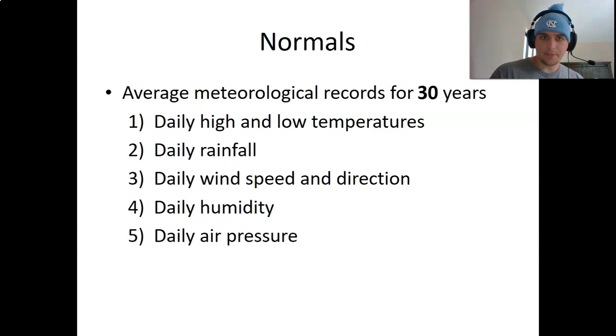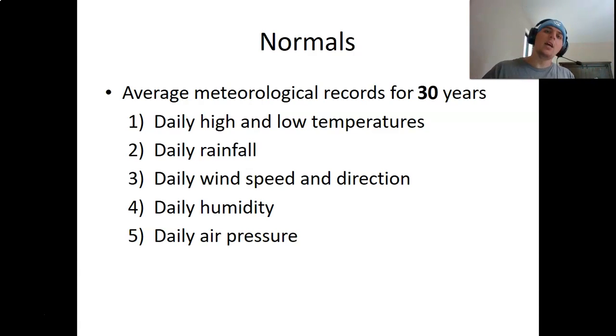So normals first. A normal is the average meteorological records for the past 30 years. The reason that we use 30 years is that it is a very long and relatively consistent time frame, so that we can actually see: are there trends upwards, trends downwards, is everything staying the same?